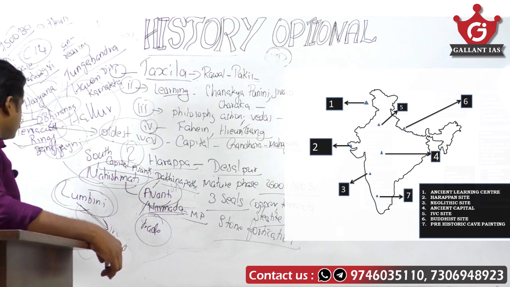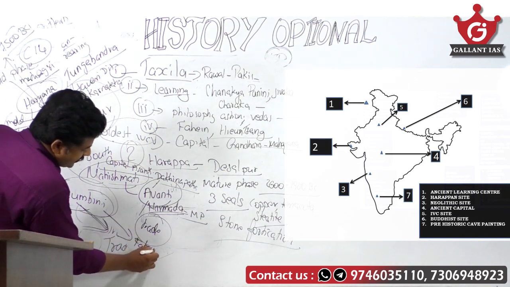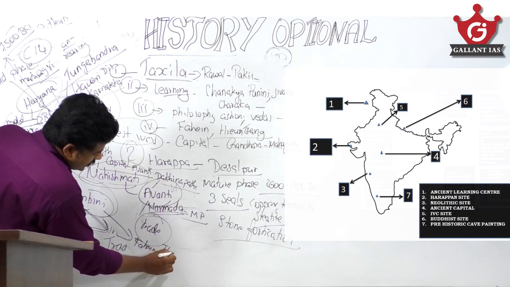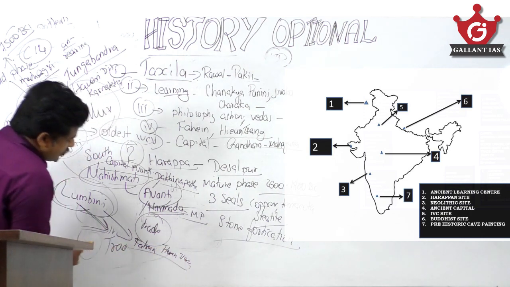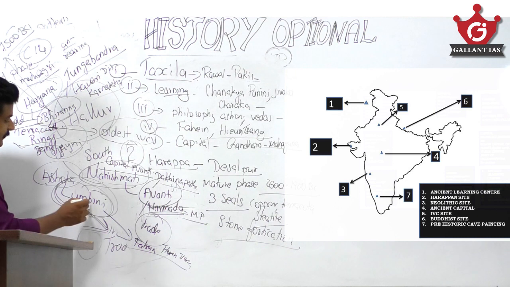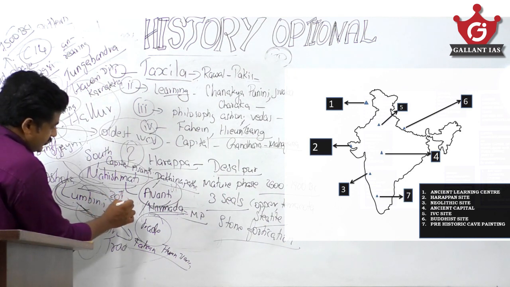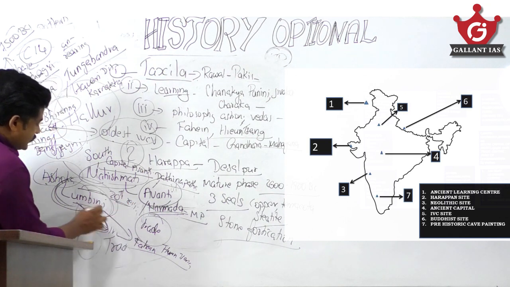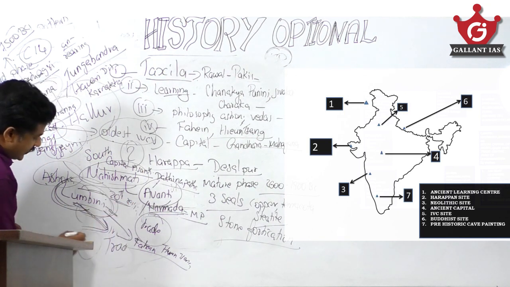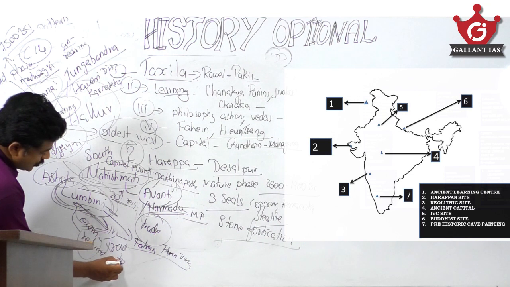And also, let us say that this was visited by Fahien and Huensang. Again, Ashoka himself visited this place. Ashoka was a great patron of Buddhism. He visited this place in the 20th year of his reign, and he exempted Lumbini people from taxes.